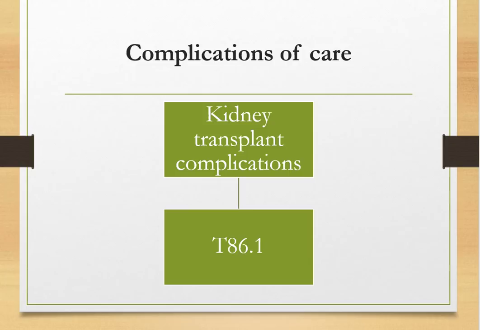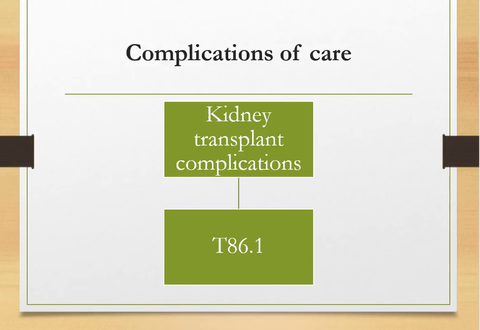If the documentation is unclear as to whether or not the patient has a complication of the transplant, of course, you want to query the provider. Conditions that affect the function of the transplanted kidney other than CKD should be assigned a code from subcategory T86.1, complications of a transplanted organ kidney, and a secondary code, guys, for the complication.